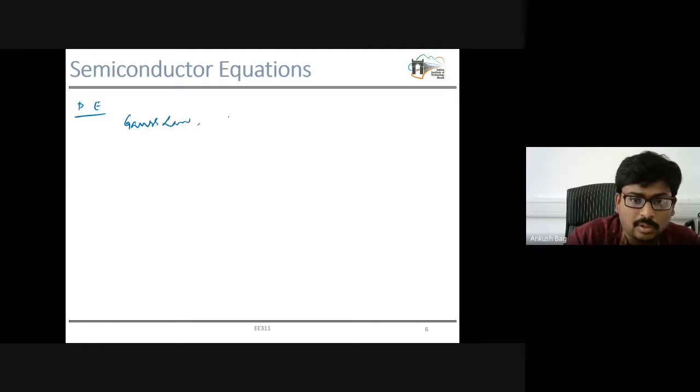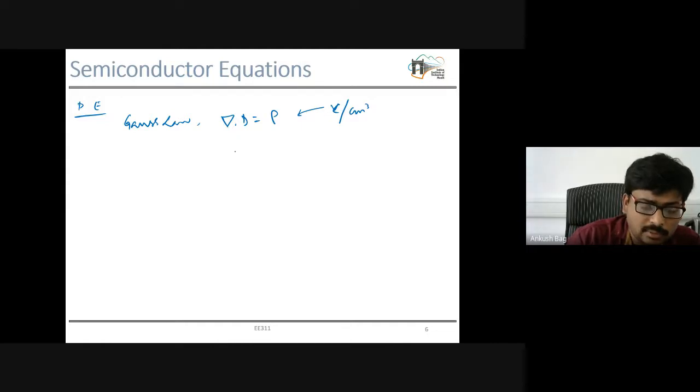The Gauss law says this is the charge density, volume charge density, and its unit is coulomb per centimeter cube.